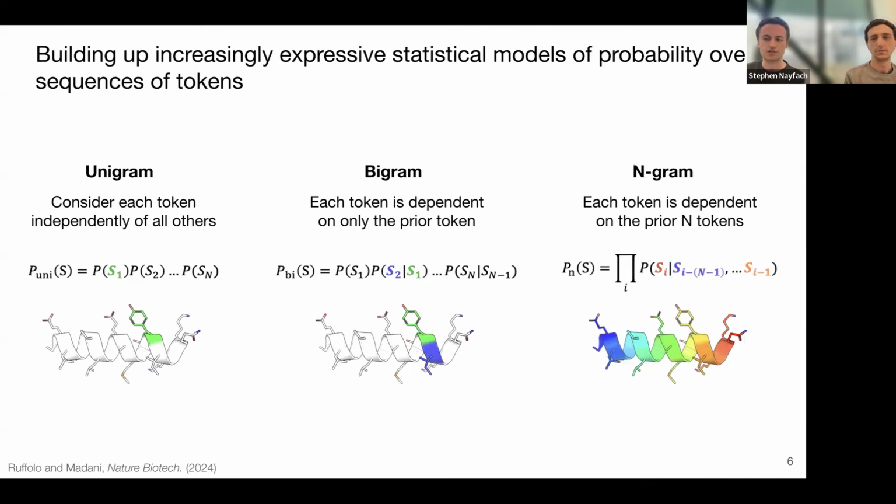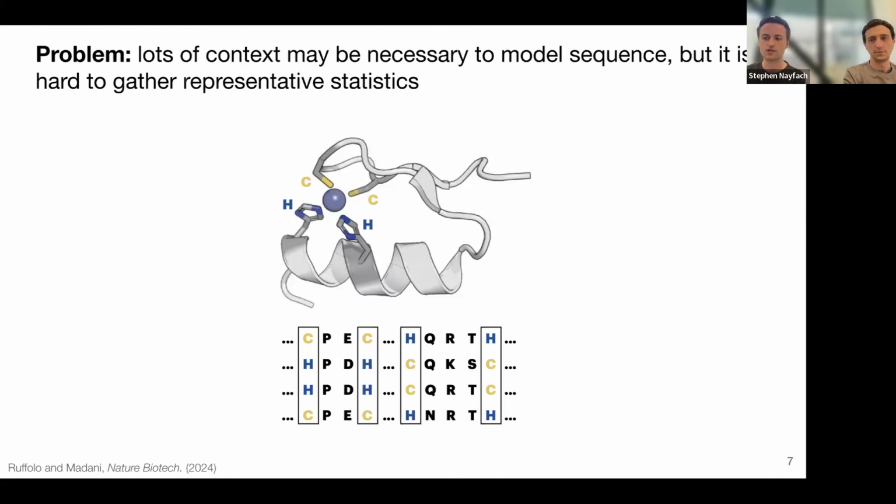So we can extend this model to something called an n-gram, where we define some hyperparameter n and tabulate all possible configurations of amino acids with that context window. Of course, this starts to run into problems when you're trying to model protein functional arrangements that span many residues. For example, for the zinc finger motif shown here, the metal coordinating residues are separated by 15 positions.